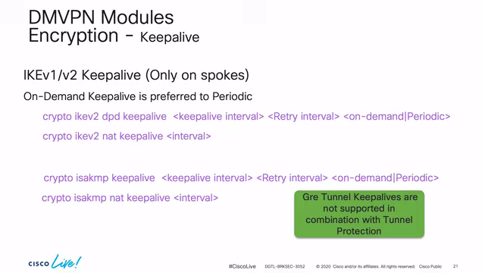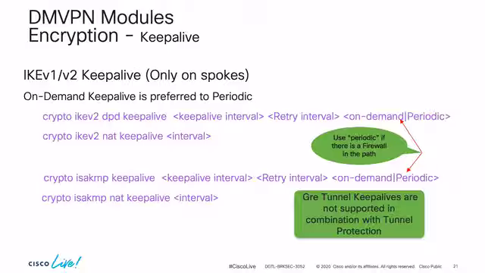It's recommended that by default you use on demand, unless you have a firewall in the path. In that particular case, it's recommended that periodic keepalives be used. I also wanted to call out that GRE tunnel keepalives are not supported with DMVPN or with tunnel protection. So please do not configure GRE tunnel keepalives in a DMVPN setup.